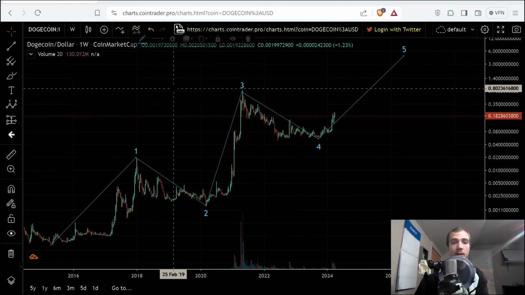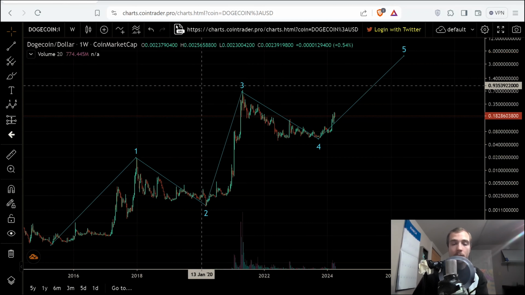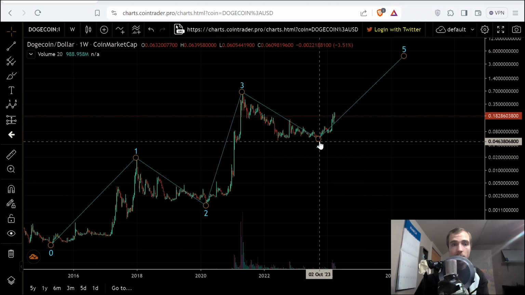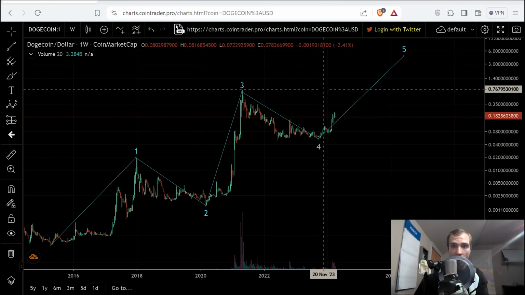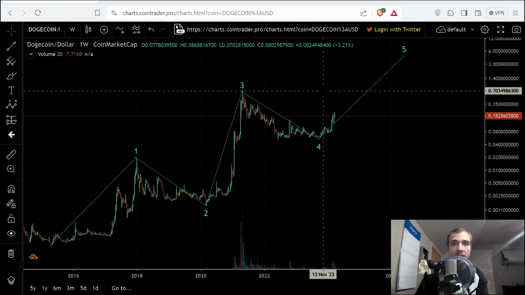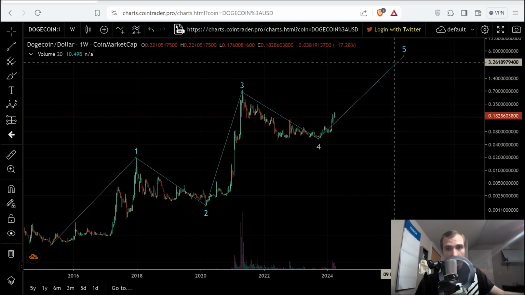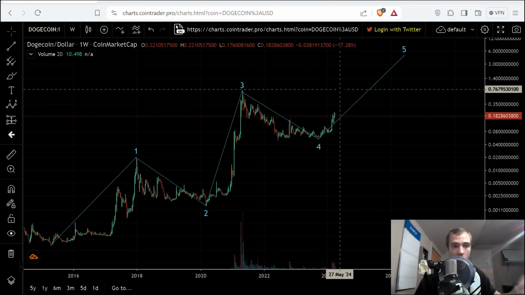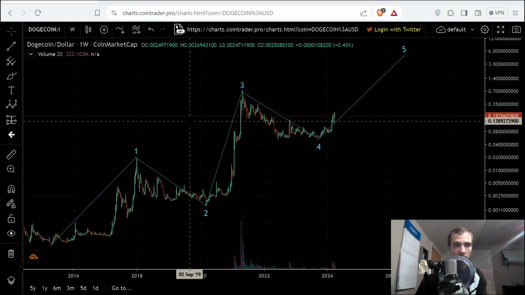Now, a big picture Elliott wave 5 with Dogecoin means that we'll break the previous all-time high of about 75 cents and head well over $1 here on Dogecoin in the big picture. So yeah, this big picture uptrend does look very nice. And it's definitely something that we're looking for in the charts.